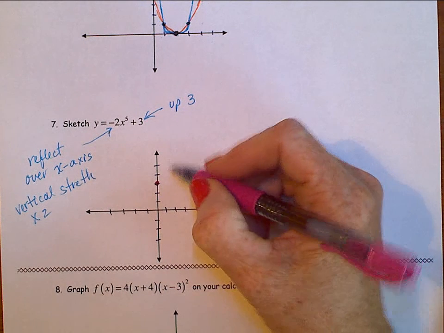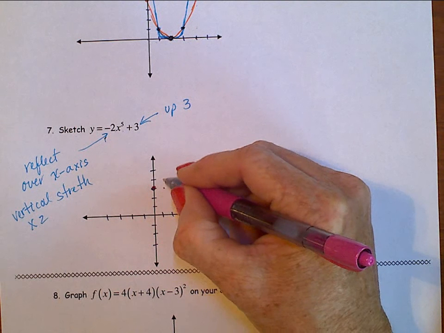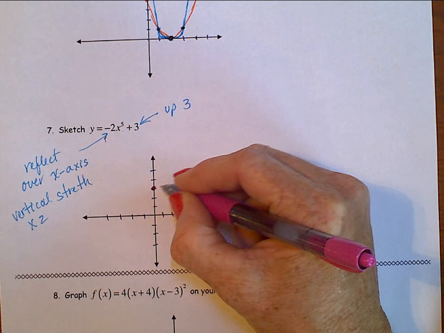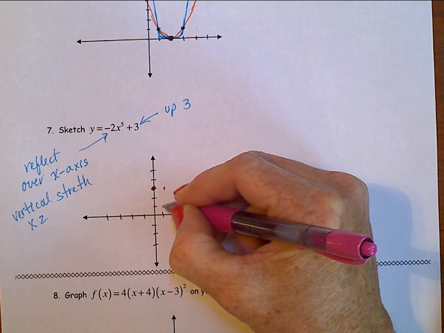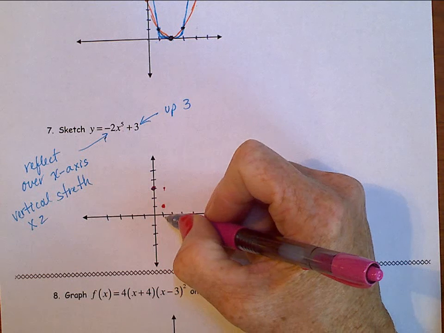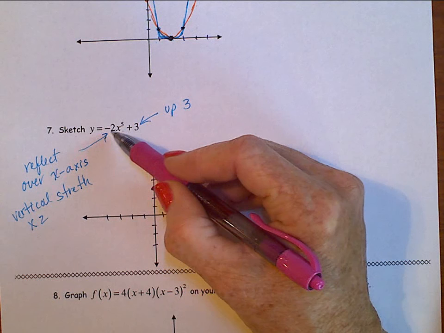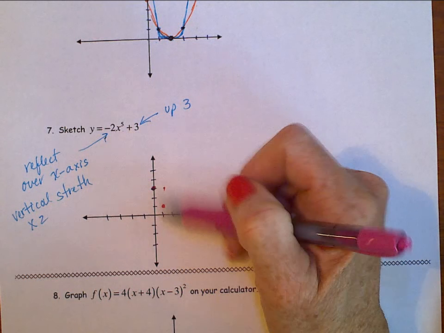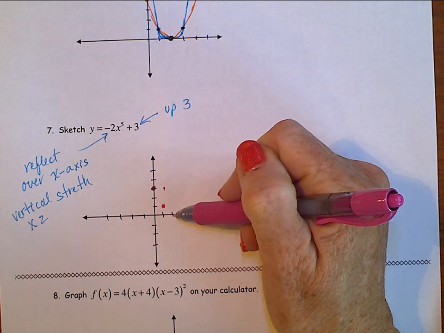And then normally on an x to the 5th graph, when we go 1 to the right, we would have gone up 1. But this time when we go 1 to the right, we're going down twice as far. So right there at 1, 1. And if you're not sure if that point is right, plug in x is 1 into here. When you plug in x is 1, you will get negative 2 times 1 plus 3, which is 1. When we plug a 2 in here, let's just check that one.